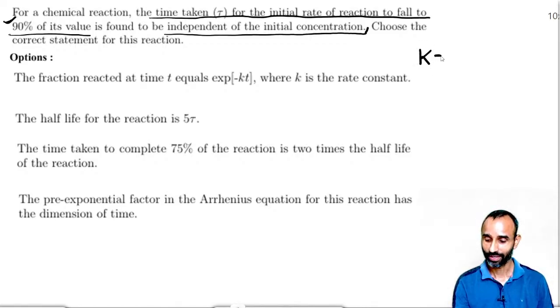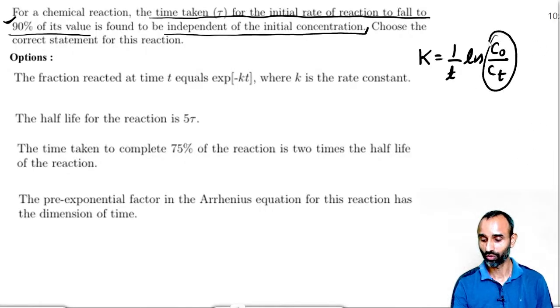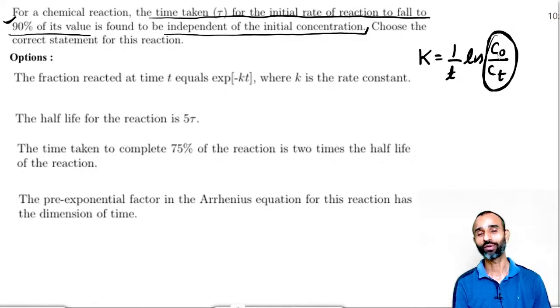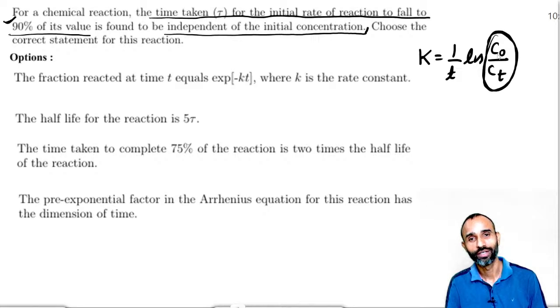See, K equals 1 upon t, natural log of C naught by Ct. This ratio, it depends upon the ratio. So whenever there is a fraction, like 50%, that is independent of initial concentration, it is a first order reaction.